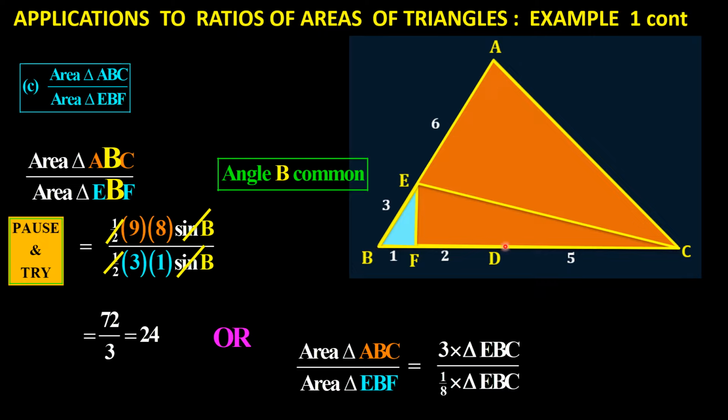In other words, the ABC is 3 times EBC. Similarly, if I look at the BEF, it's 1/8 of the EBC. So I can write both of them in terms of EBC. ABC is 3 of those EBCs, and EBF is 1/8 of the EBC. The EBCs can cancel, and if we simplify that, we end up also with 24. So there's an alternative way to do that.